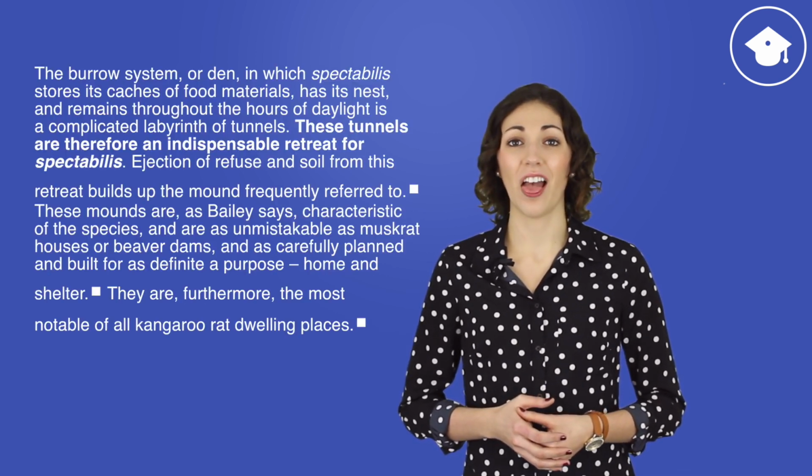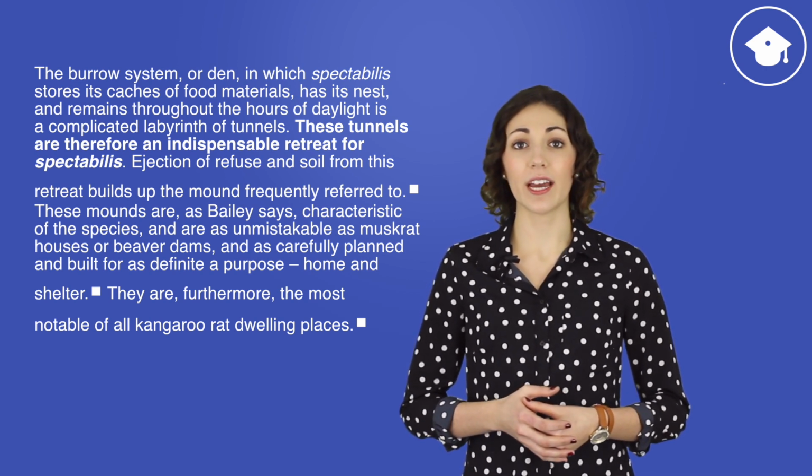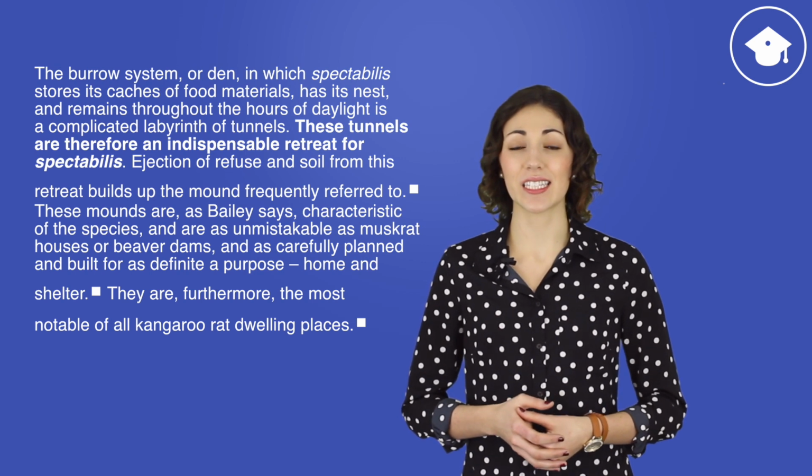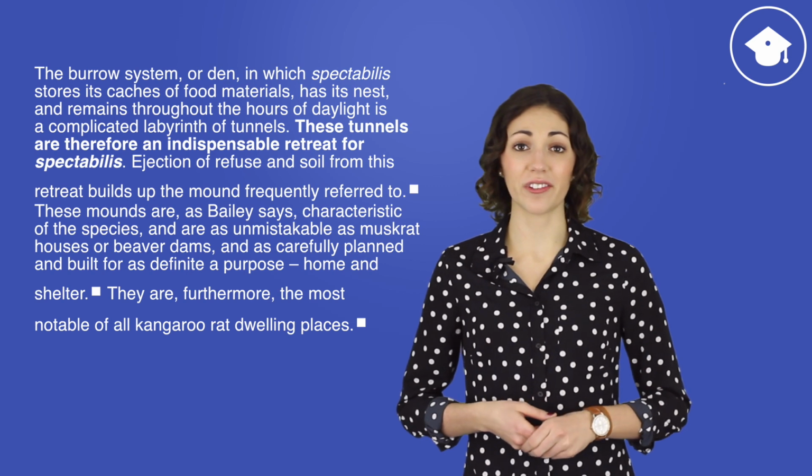The test provides us with the passages we want to check. For example, we decided that the sentence, "These tunnels are therefore an indispensable retreat for Spectabulus," should be inserted in the place of the first square in the passage. Let's check. The first answer choice on the test will be: The burrow system or den, in which Spectabilis stores its catches of food materials, has its nest, and remains throughout the hours of daylight, is a complicated labyrinth of tunnels.